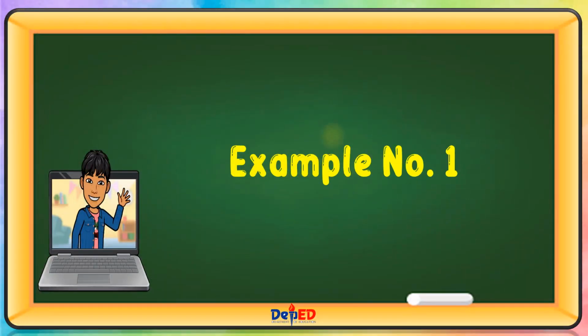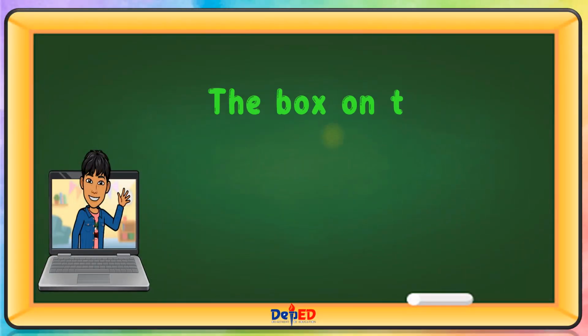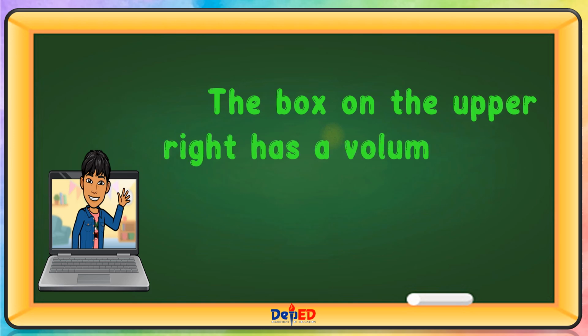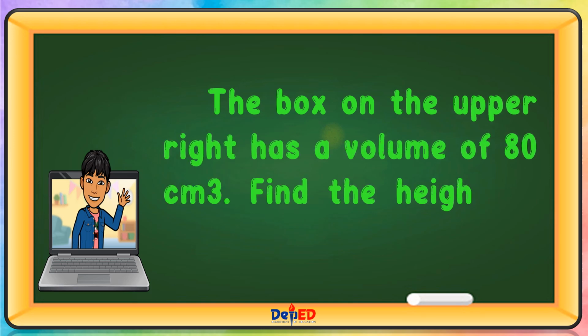Example number 2. The box on the upper right has a volume of 80 cubic centimeters. Find the height of the box.